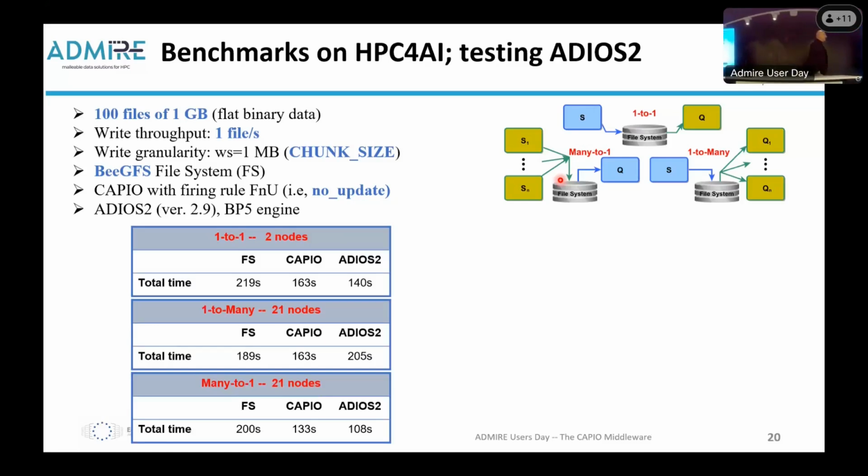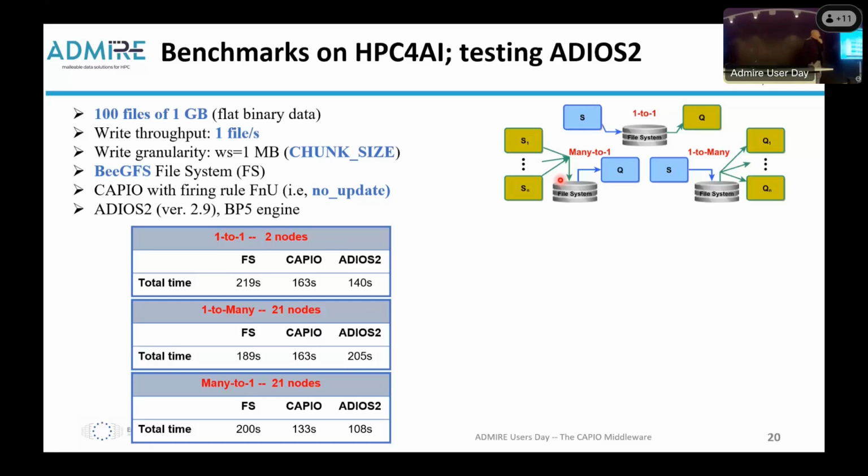So basically, this is the first table. On the top is one-to-one, then one-to-many, and at the bottom many-to-one. The first one is on 2 nodes, obviously. The second and third results are on 21 nodes, so 1 for the producer in the case of one-to-many, and 20 for the consumer, and vice versa.